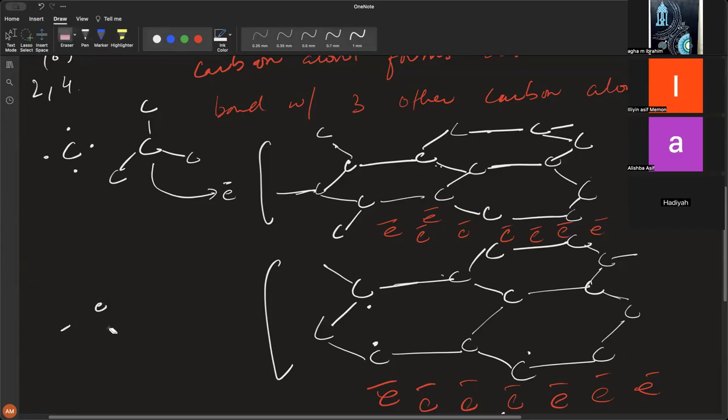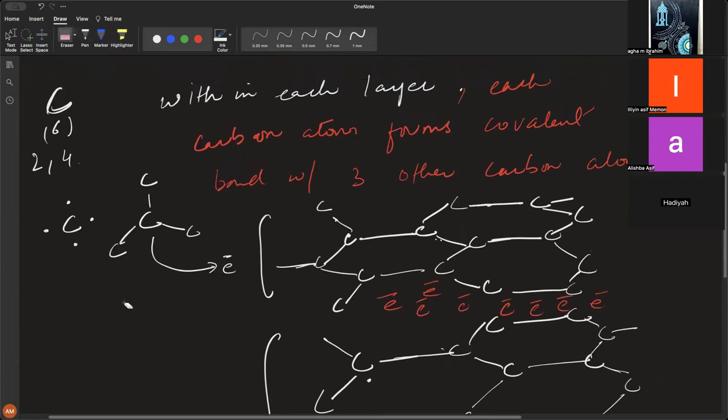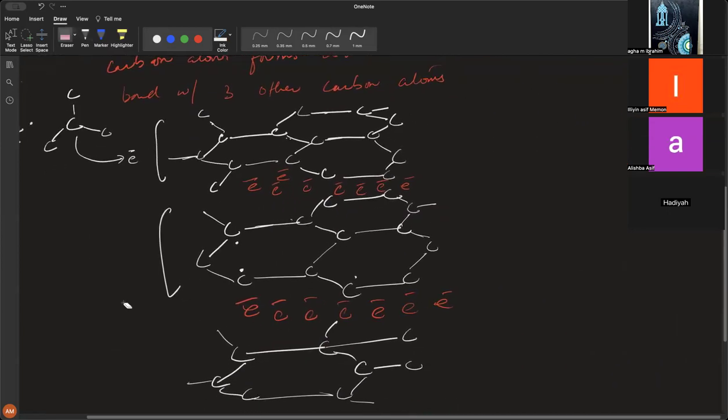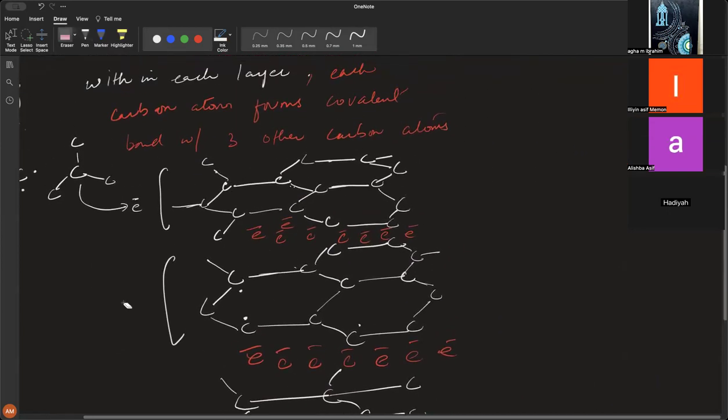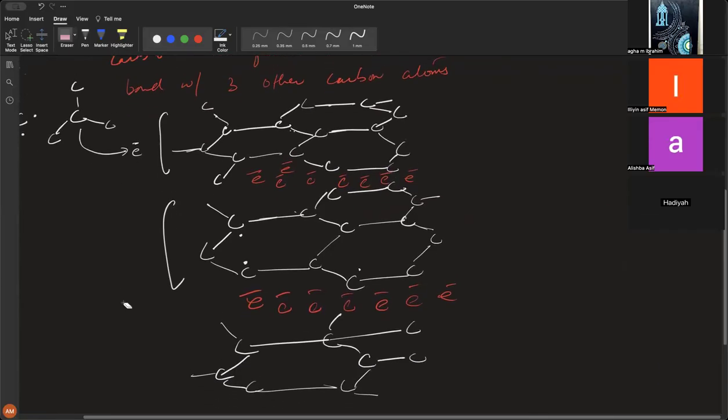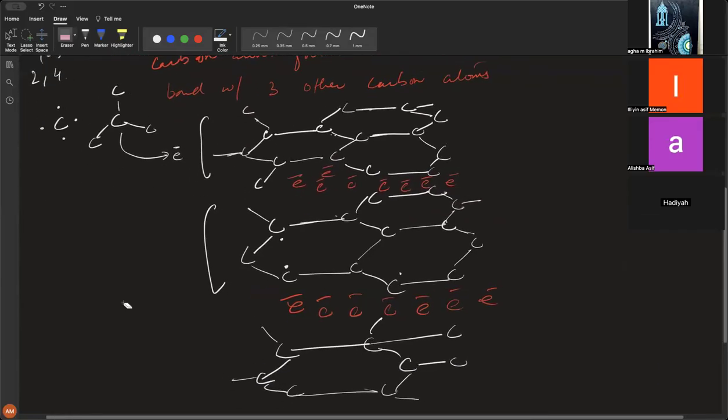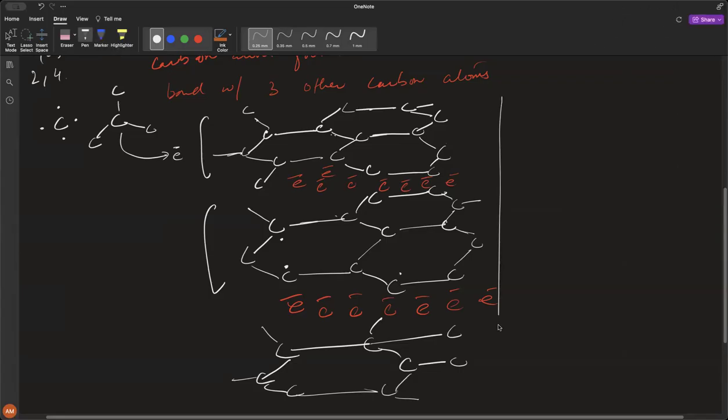Is this clear, everyone? Everybody has written this, drawn this, or something? You don't need to really draw this. If you want to, you can take a picture of it, the graphite structure. You should know this. We are going to be discussing the properties.